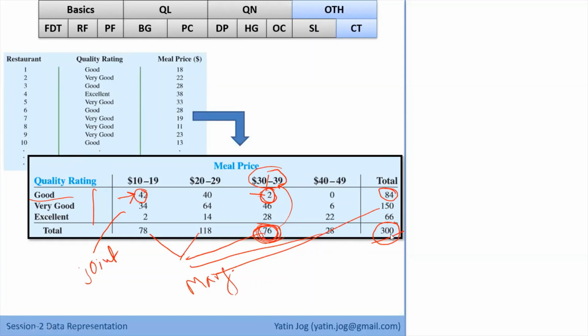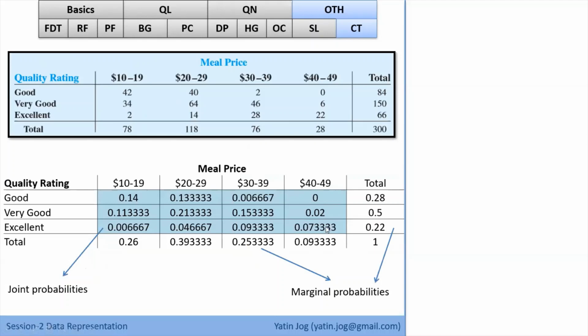Now, the total number of restaurants is 300, and if I divide all the values by 300, then what I get is the probability value. Because the total is 300, I'll get 1 here. So there are 14% restaurants with good quality rating and serving food between $10 to $19, and so on.